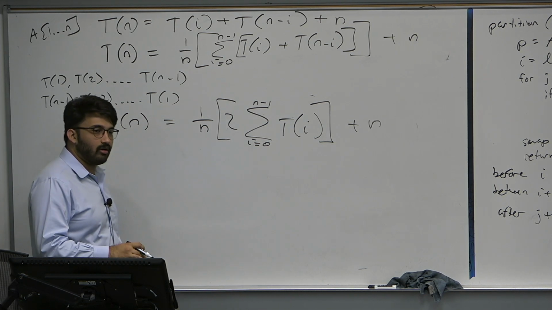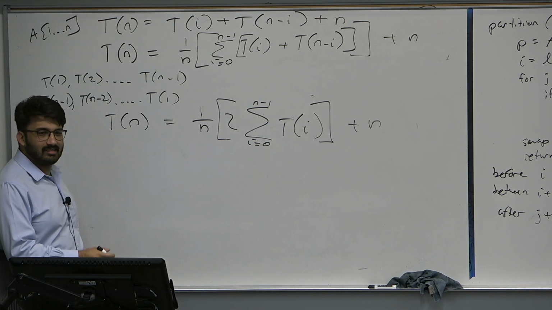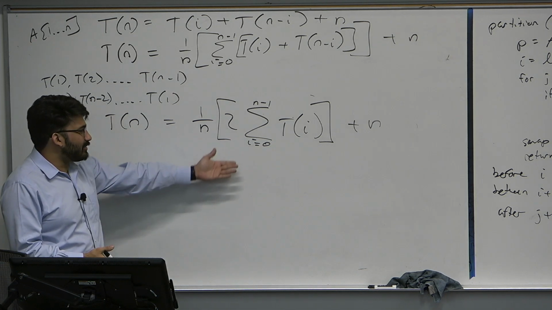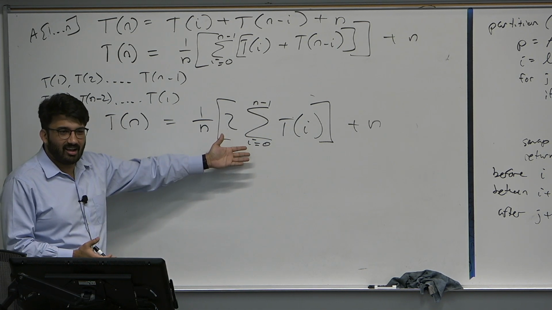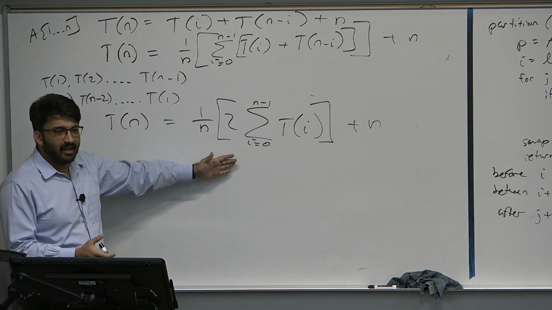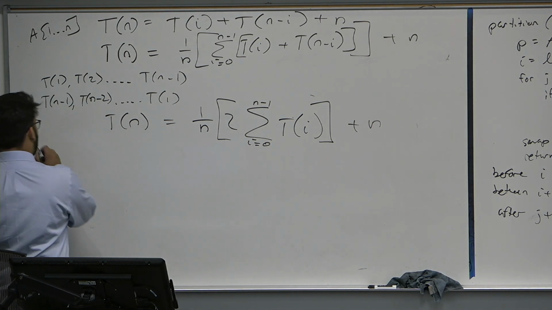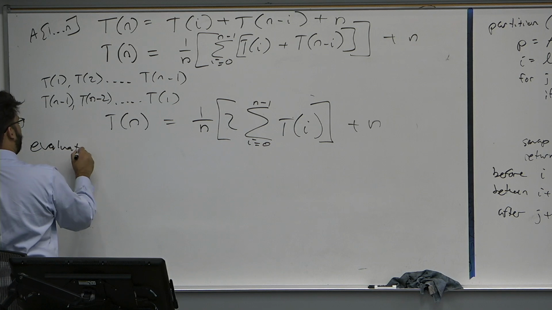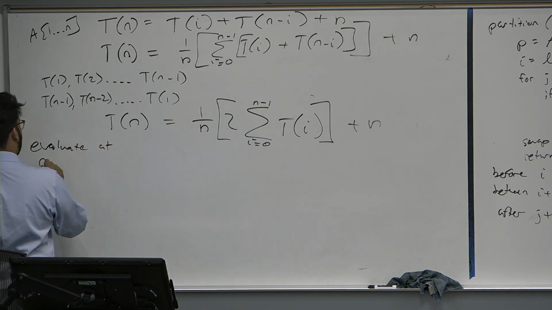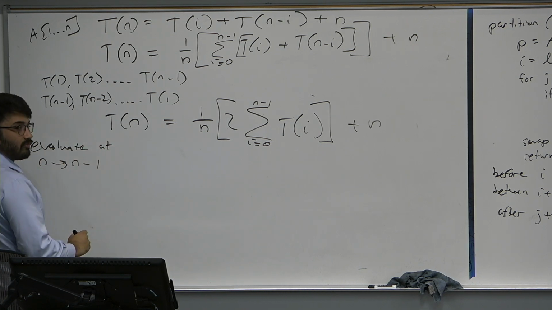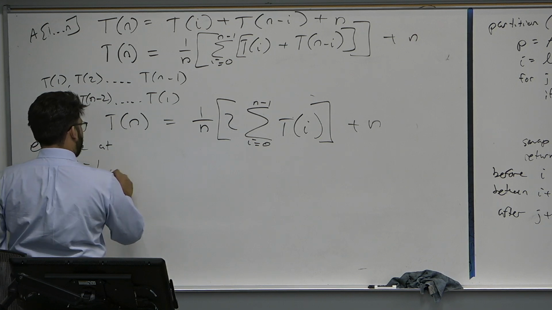Now here's the part where, how do we simplify that? We've got a sum here. I don't like that. I would prefer to have a constant amount of terms. Here's what we're going to do. We're going to sort of telescope the sum away, okay? First, we're going to evaluate at n minus 1.